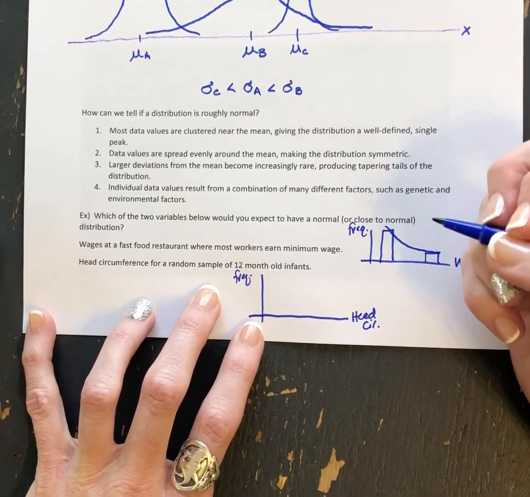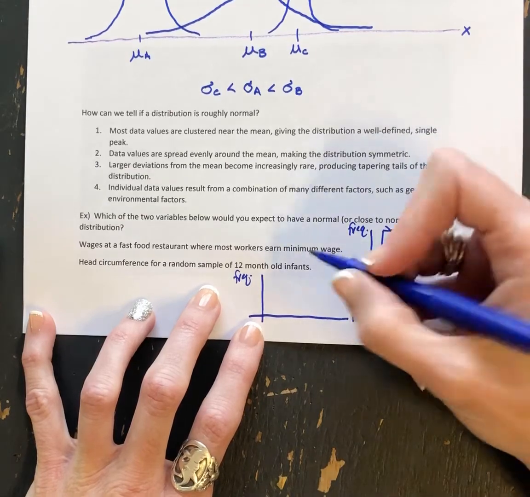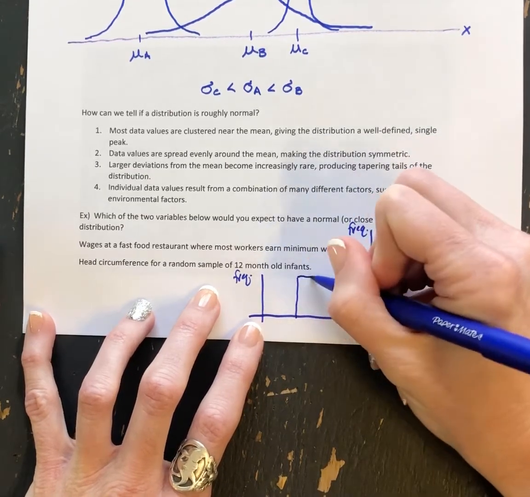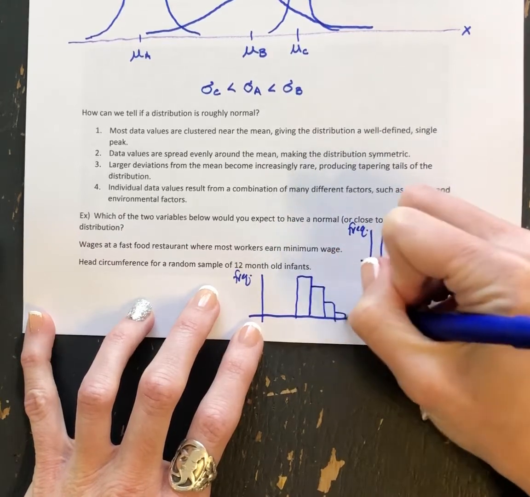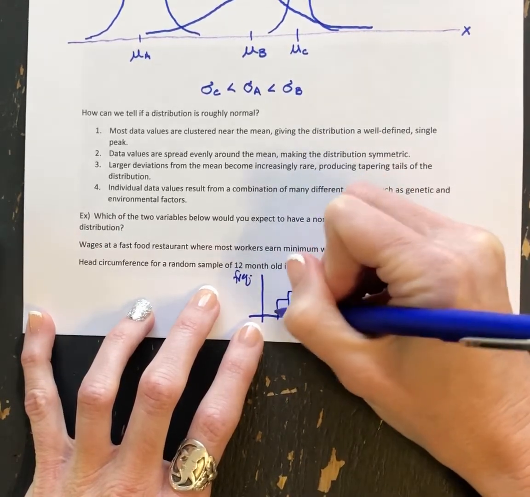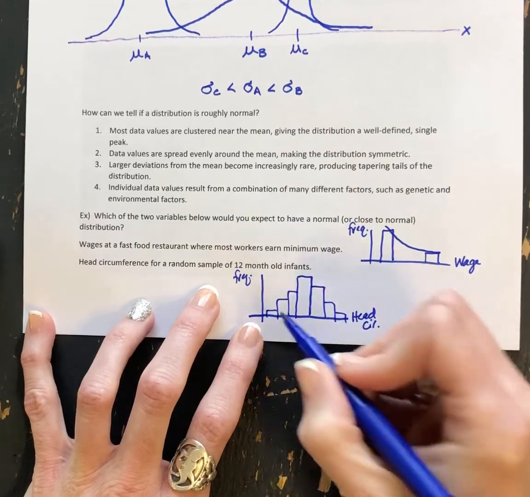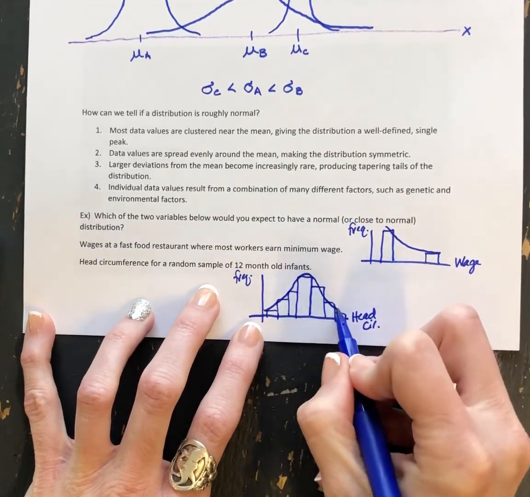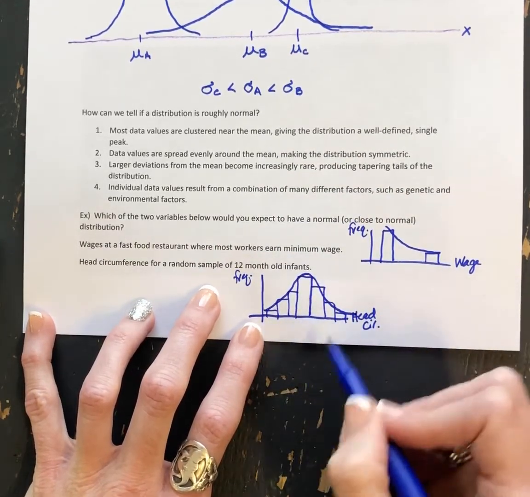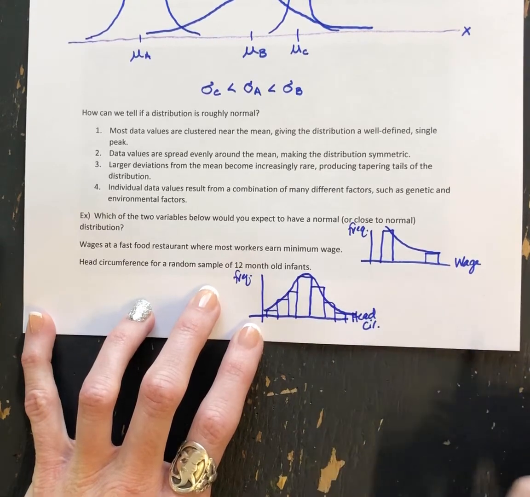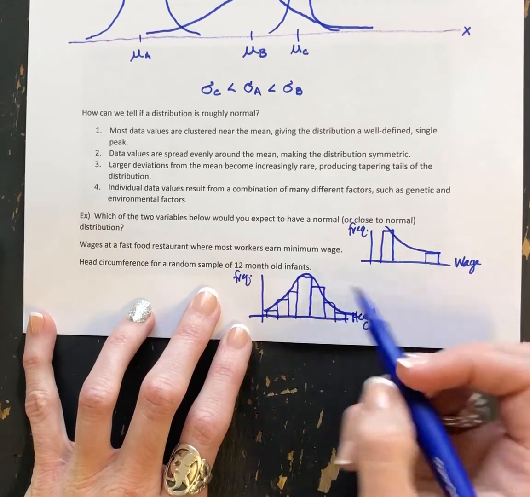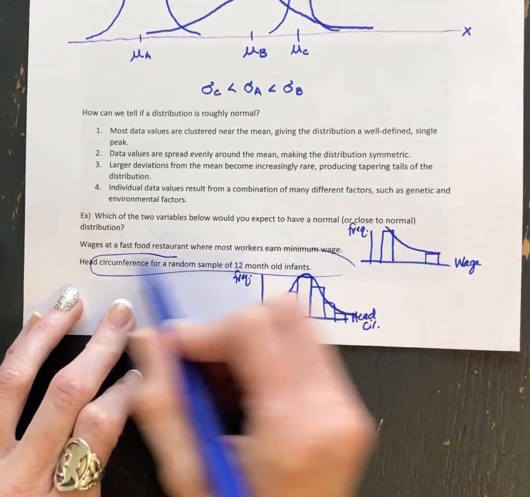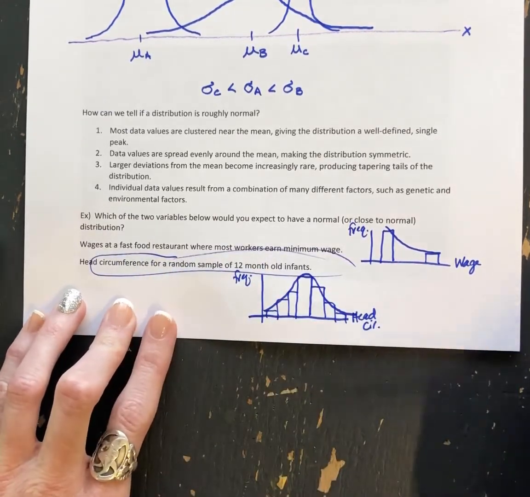There's definitely variability. Some are a little bigger, some are a little smaller. But this is a case where we would probably have a more common size, and then some variability or spread around that. And you'll notice that would give us more of this bell-shaped curve. Okay, so in terms of those two variables, which one would we expect to have a normal distribution? The head circumference one would be the one that might fit.